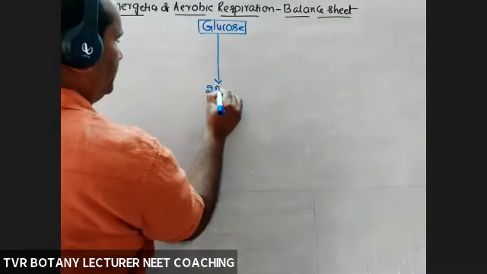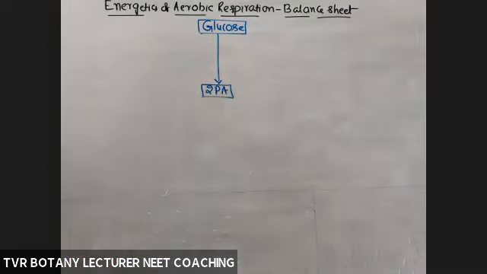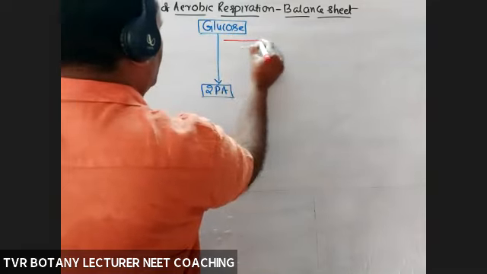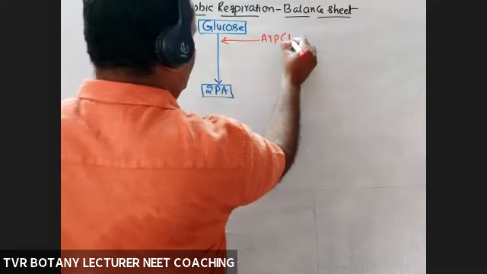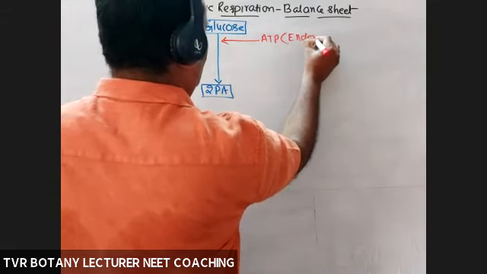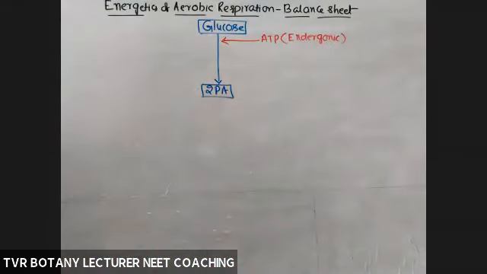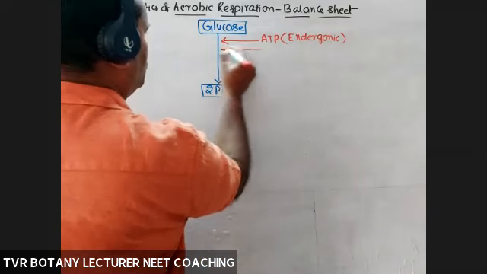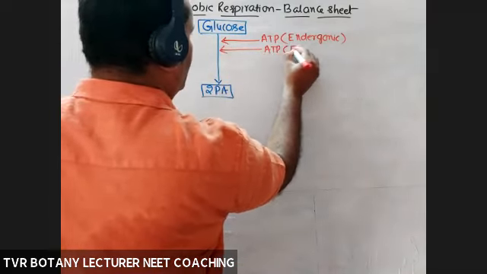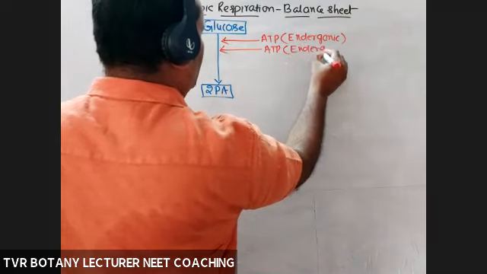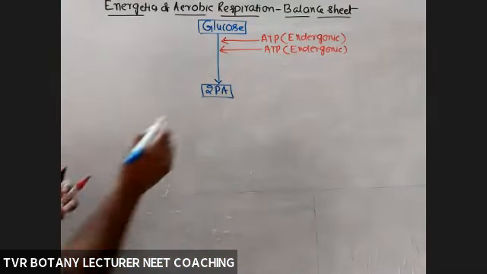Two molecules of pyruvic acid. Okay. One ATP molecule consumed means endergonic reaction. Okay. Next. One more ATP molecule consumed, endergonic reaction. Okay. Next.